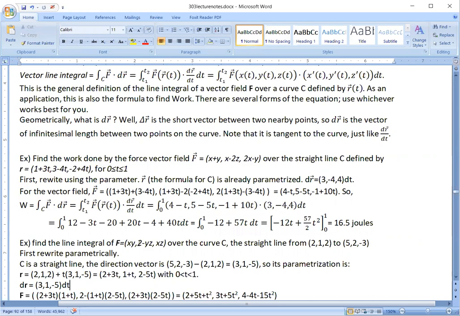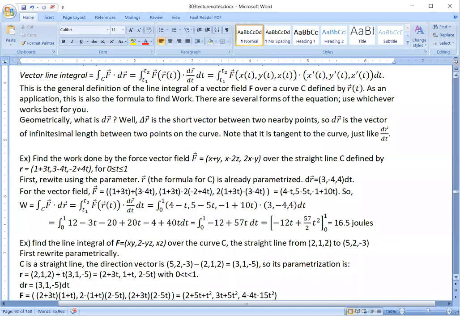So x times y is really 2 plus 3t times 1 plus t. Next, 2 minus yz is really 2 minus 1 plus t times 2 minus 5t. Similarly for z, and then of course we want to simplify that using algebra.